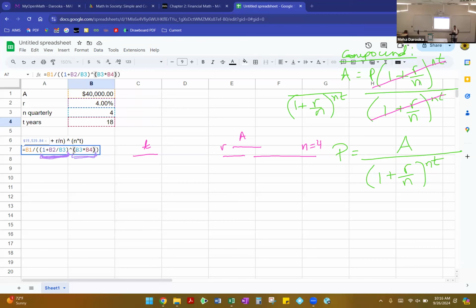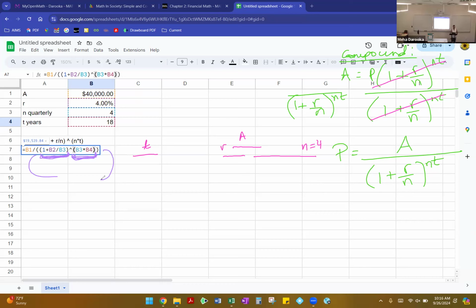And then N times T is the second grouping I'm using. And then, of course, to show Excel that that's a denominator, we're grouping it again. So there are technically 3 sets of parentheses happening here.